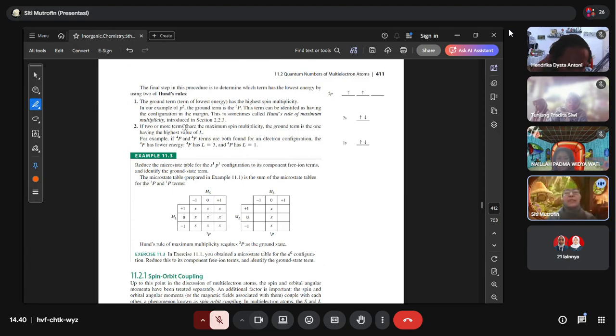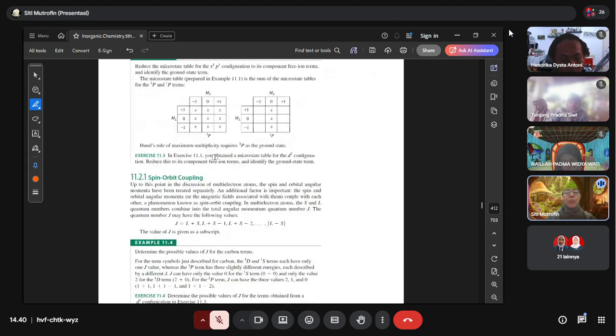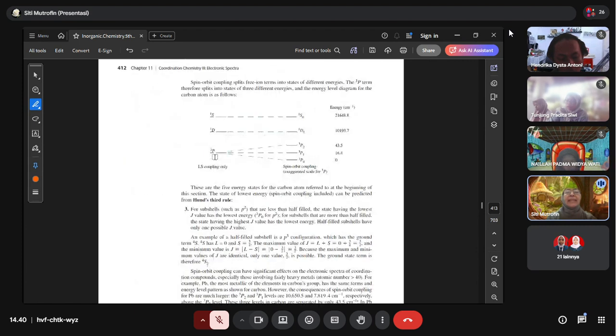This is the second rule of Hund: if two or more terms share the maximum spin multiplicity, the ground term is the one having the highest value of L. So between S and D, D has the higher value of L, so the energy state of D must be lower than S. Any question about the rule?